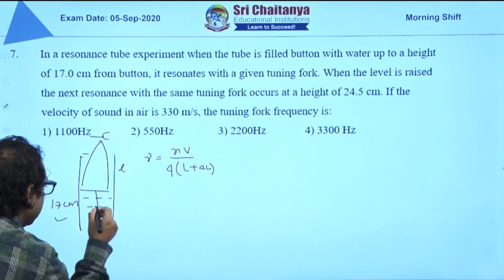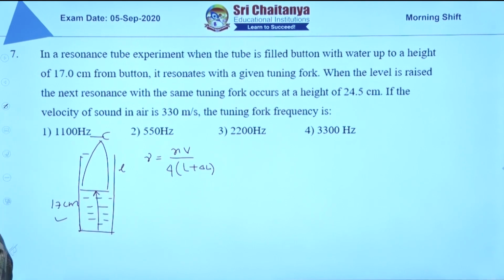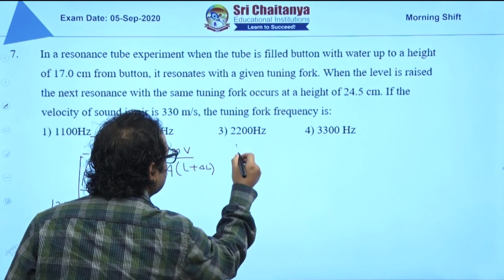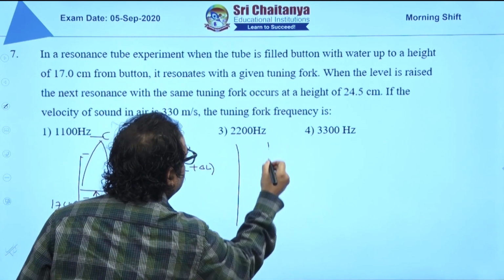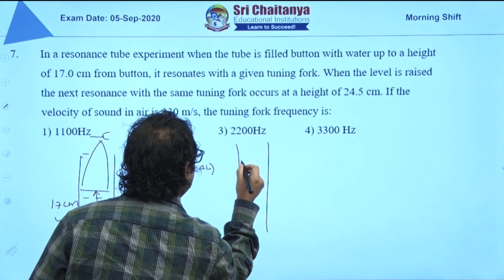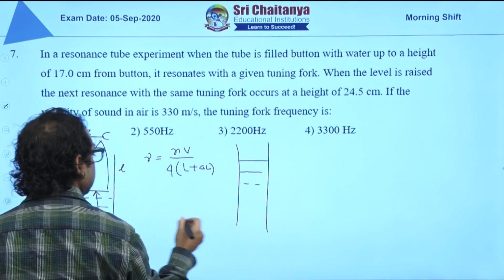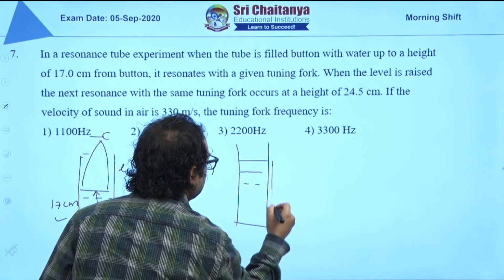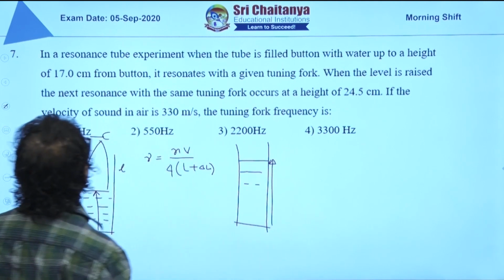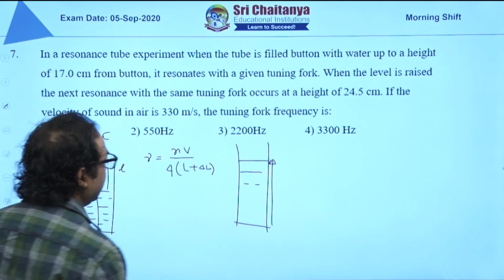So, now when the height is more, let us make other diagram. Water level height is more, this is from a base. In that case, the diagram will look like it is with a more height, let us say till here, and this height is given as 24.5.